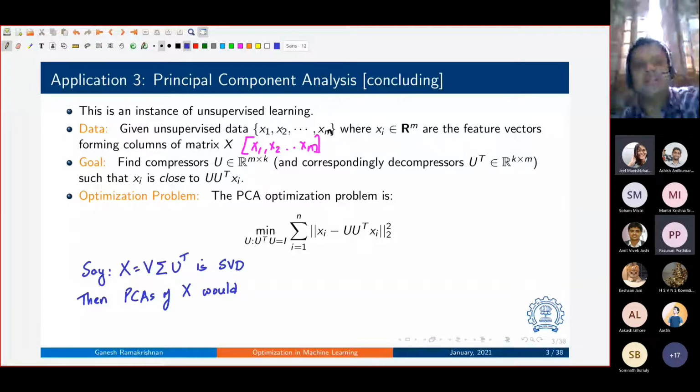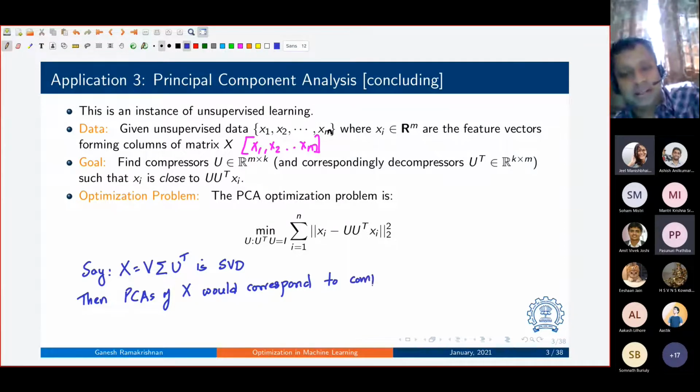So the PCs of X would correspond to what? Or the ith PC would correspond to the components. Can I say components of U? I have deliberately used U here.